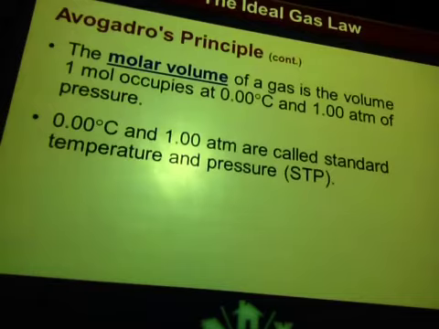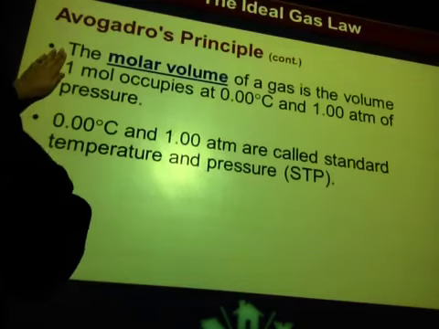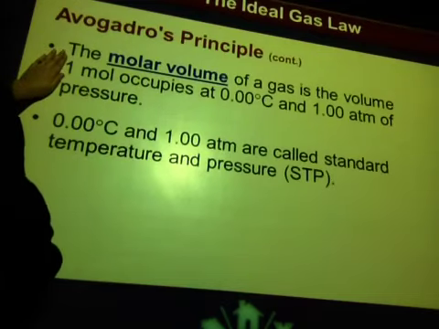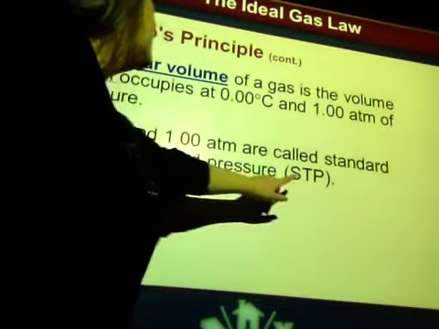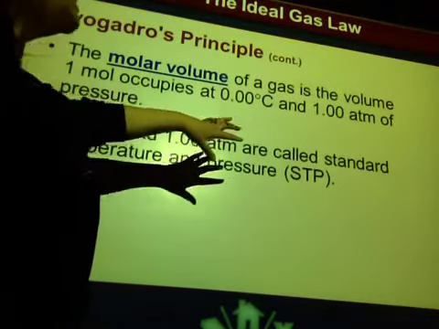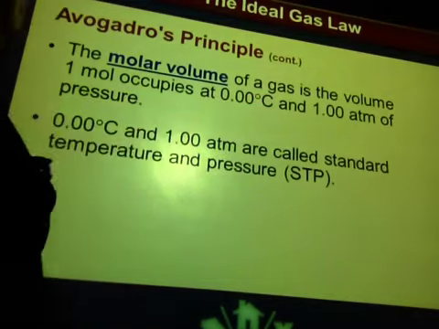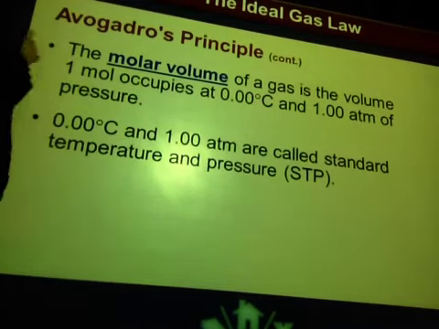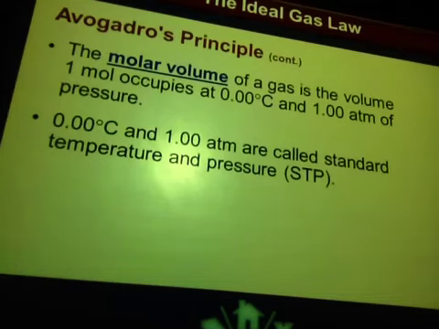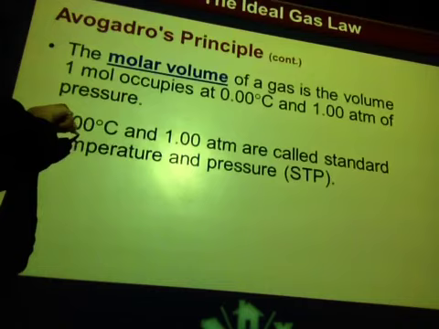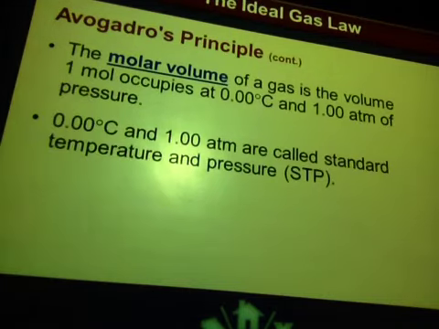So I could change this instead to say the molar volume of a gas is the volume that 1 mole will occupy at STP, because it's when I have 0 degrees Celsius and 1 atmosphere of pressure. So molar volume is just really thinking about how much volume 1 mole will occupy at STP, which is 0 degrees Celsius, 1 atmosphere.